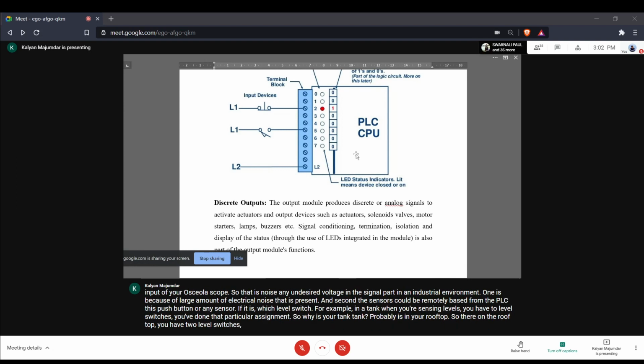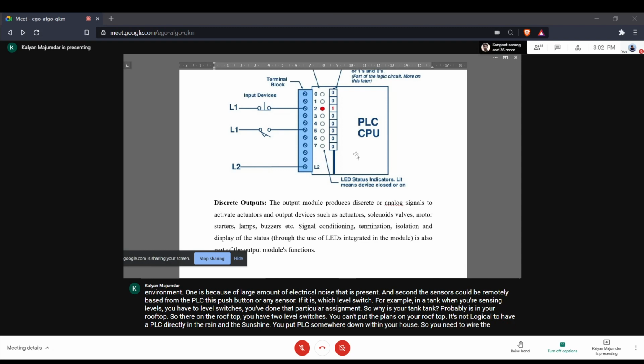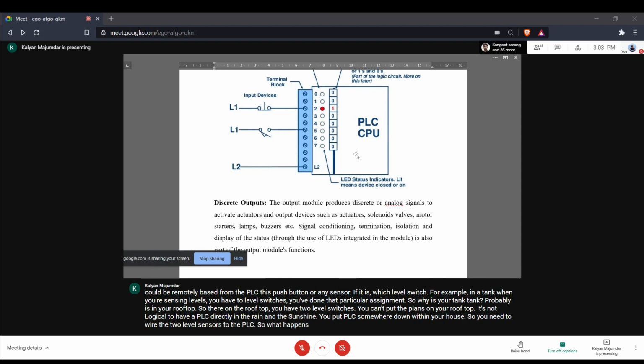You can't put the PLC on your rooftop. It's not logical to have a PLC directly in the rain and the sunshine. You'll put the PLC somewhere down within your house. So you need to wire the two level sensors to the PLC. So the two sensors are remotely located from the PLC, and you have long wires between the sensor and the PLC.